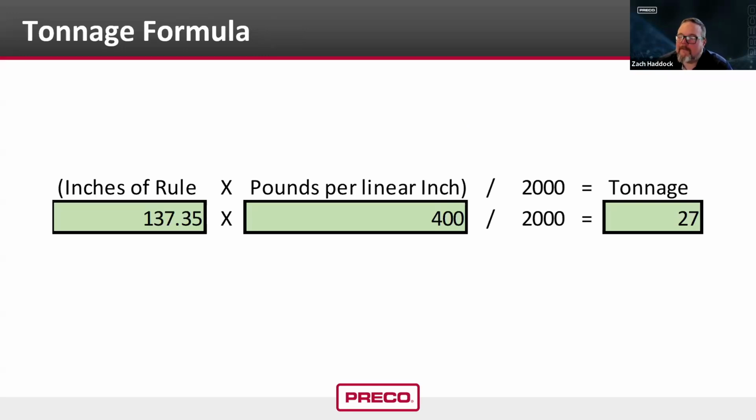So you would see that if I've got a die that has 137.35 inches of rule, I multiply that by 400 pounds per linear inch, divide that by 2,000, I get 27 tons. So that particular die, given the material I'm cutting, I only need 27 tons to cut.